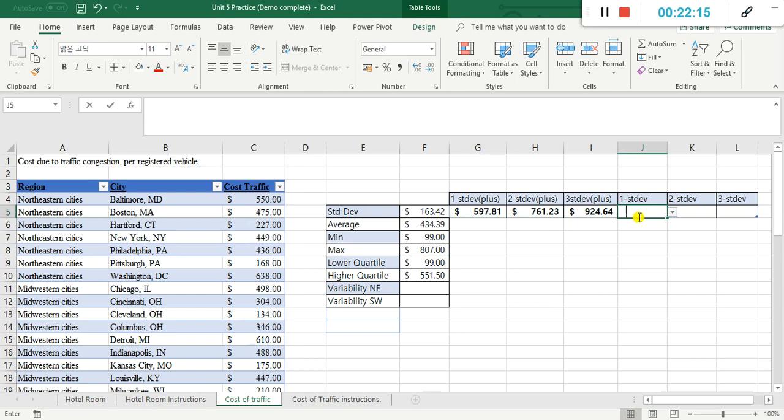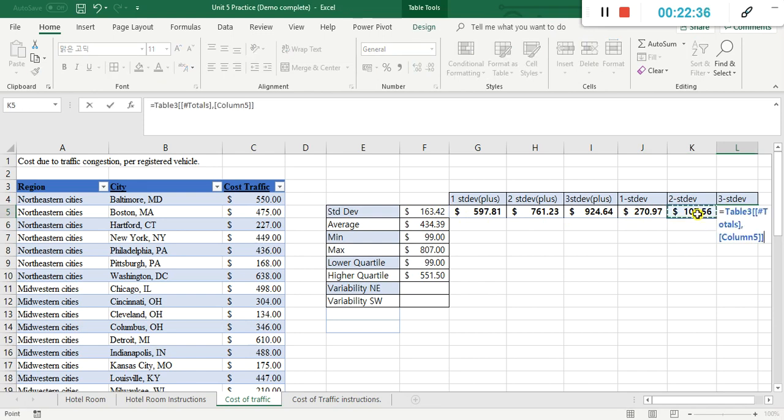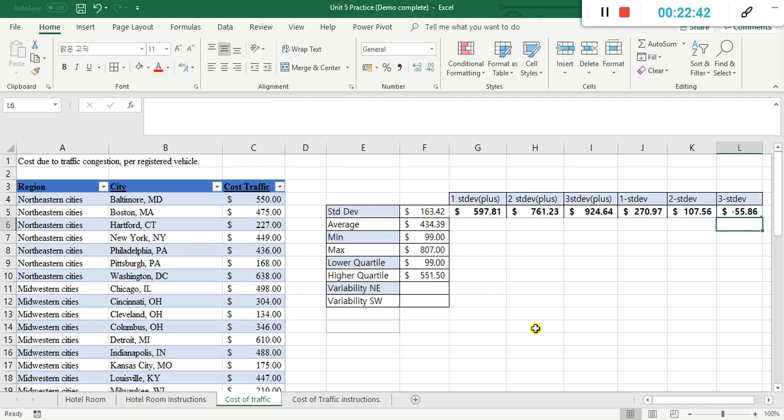Sorry, I forgot the equals 434 minus 163 to 70, and then I have equals this one minus 163, and that's two standard deviations, and then equals 107 minus 163, three standard deviations.